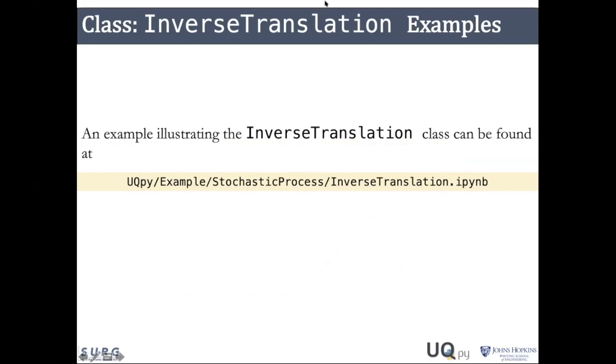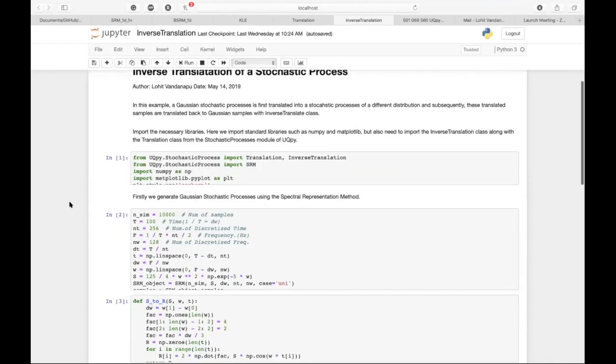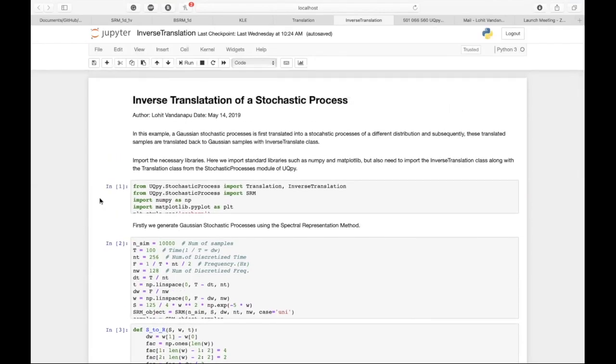There is an example illustrating the inverse translation class, and let's discuss that. The sequence of this example is, first we generate some Gaussian stochastic processes using the SRM class again, and we translate the generated Gaussian stochastic processes into a uniform distribution and translate them back from uniform to Gaussian.